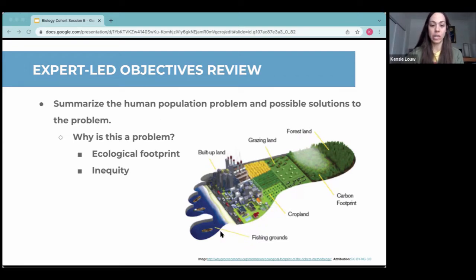So the space we need for different things that we use to survive, such as food, clean water, non-renewable resources like metals or minerals or fossil fuels, and also waste, space to store waste that we produce. All of these things that we need for life require space to grow, space to mine, space to store waste.